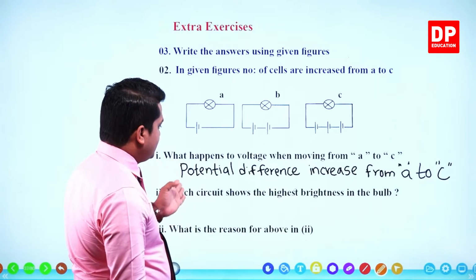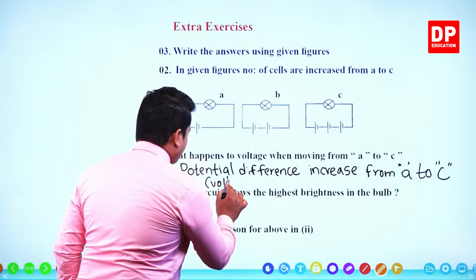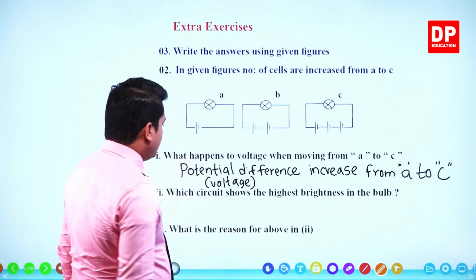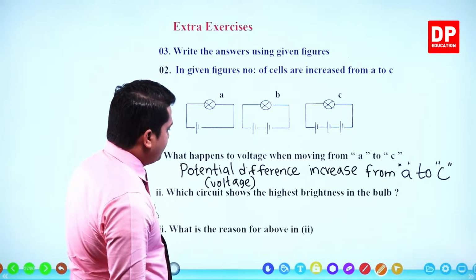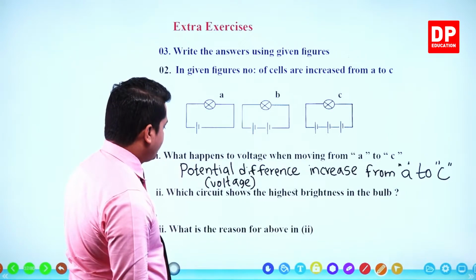What happens here is potential difference, or we can mention that thing as voltage. Both the things are same. So potential difference or the voltage increase from A to C.